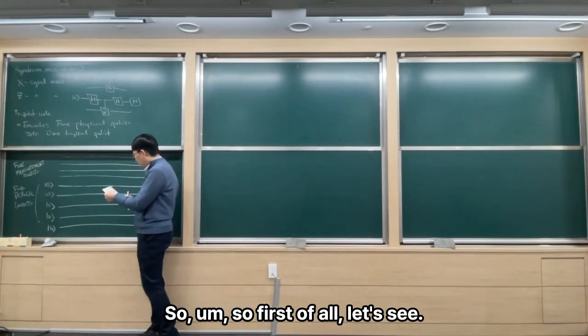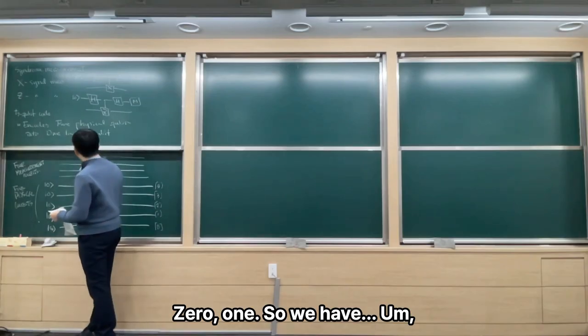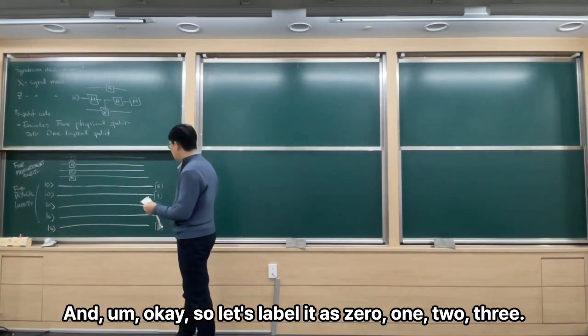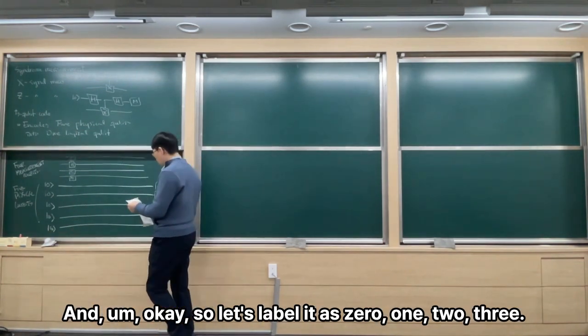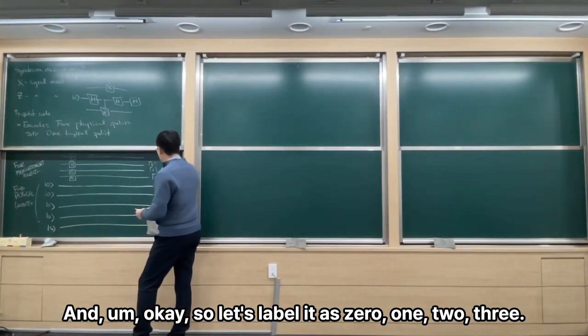So first of all, let's see, 0, 1. So here we always initialize with Hadamard. Okay, so let's label it as 0, 1, 2, 3.